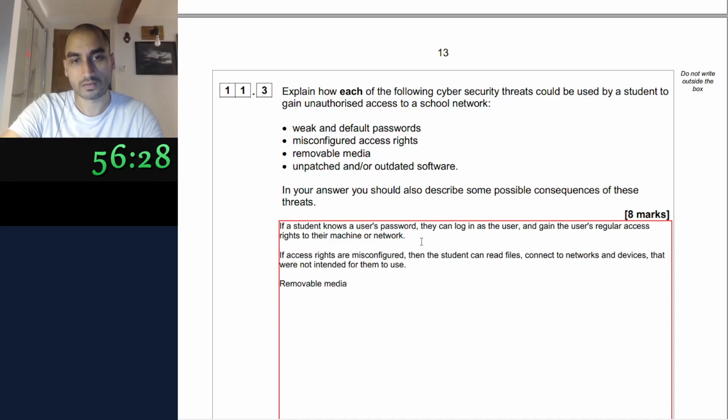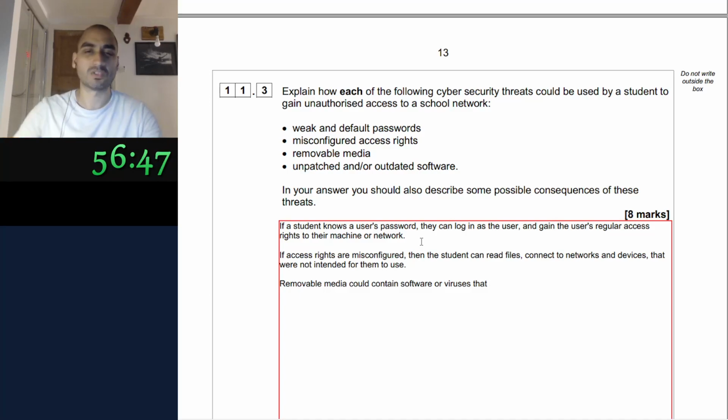Removable media could contain software or viruses that... no, what do they mean? Gain unauthorized access, so we don't care about what they do to the network.